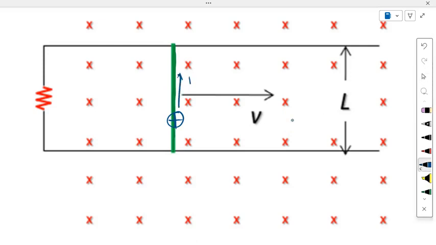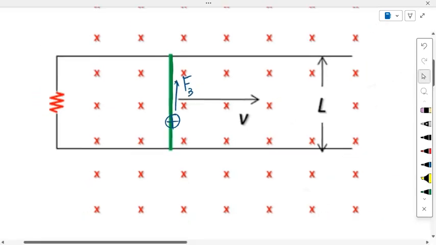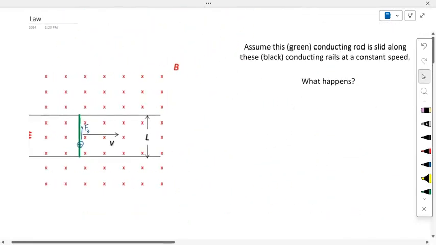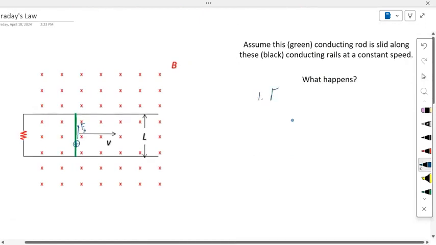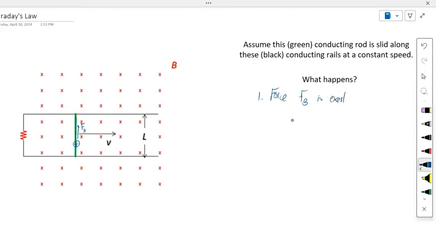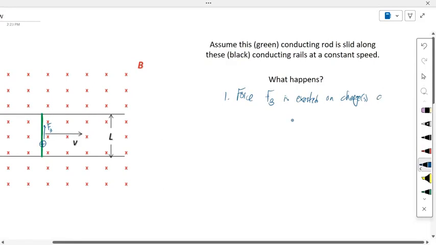There's going to be a magnetic force exerted on that charge that points upward. So a force F_B is exerted on all the charges in there, on charges Q.